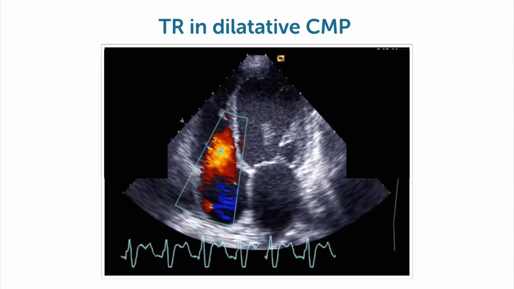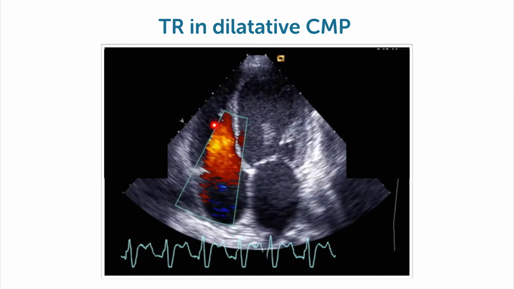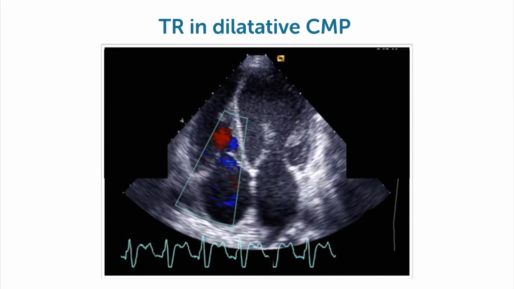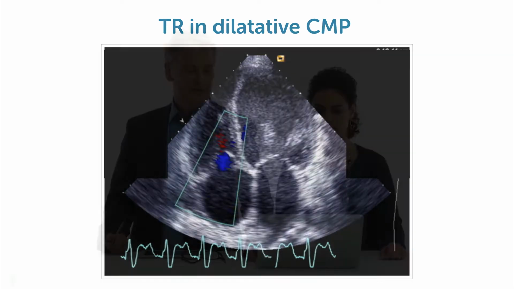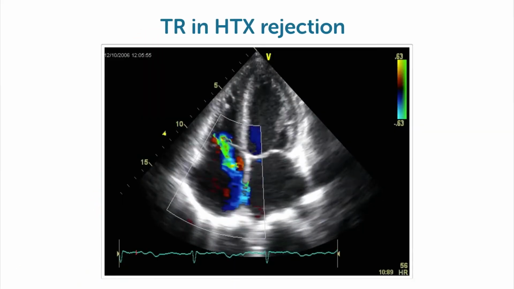Again, the patient probably has pulmonary hypertension, and as a consequence, he develops tricuspid regurgitation. So in all of these cases, the tricuspid valve does not really have a structural problem. It's all what we call secondary or functional tricuspid regurgitation. The right ventricle has a problem, and as a consequence, the valve is incompetent.